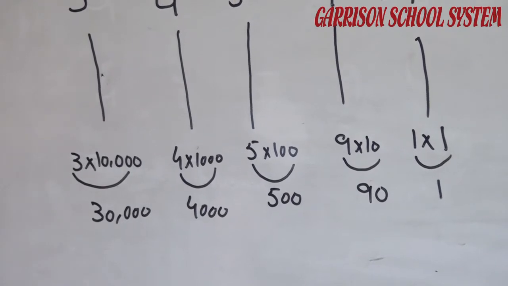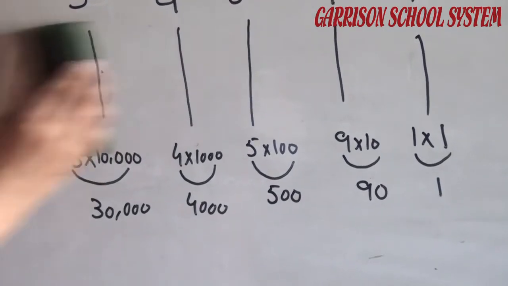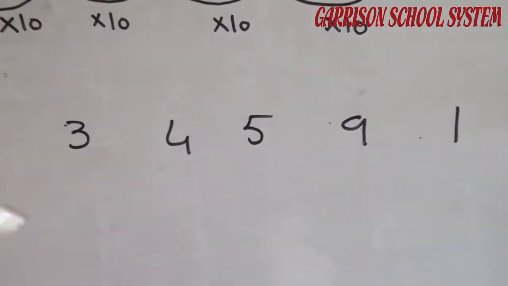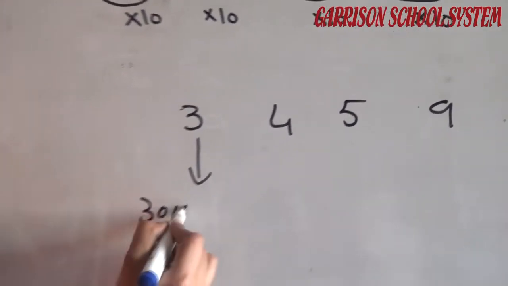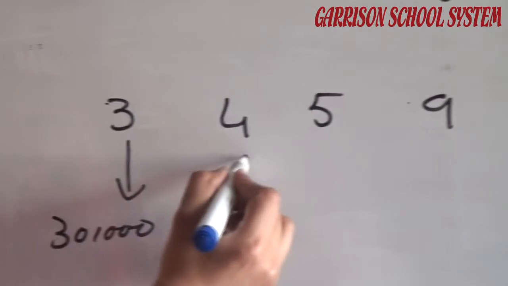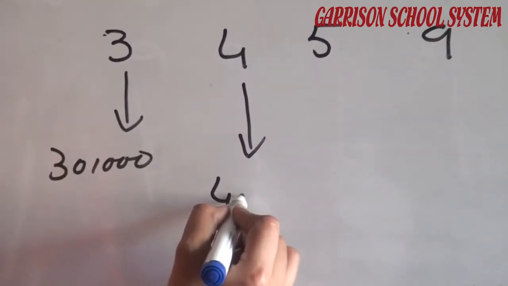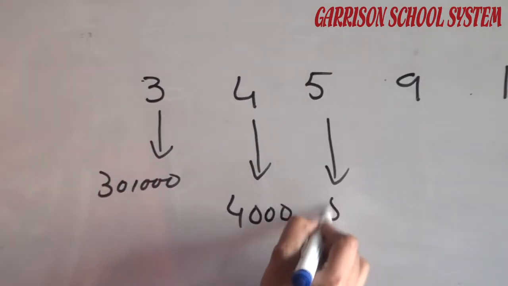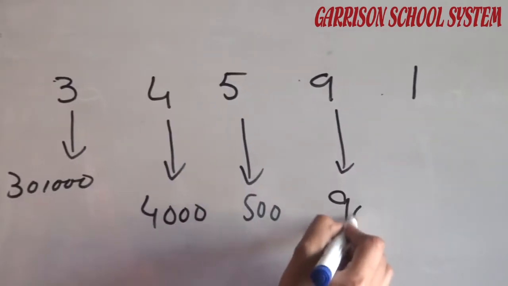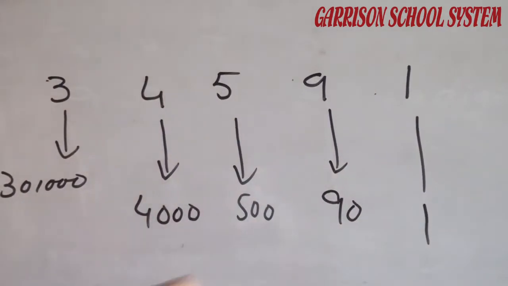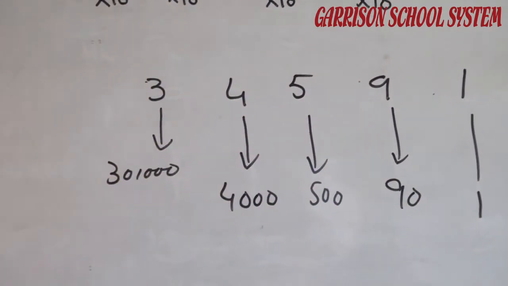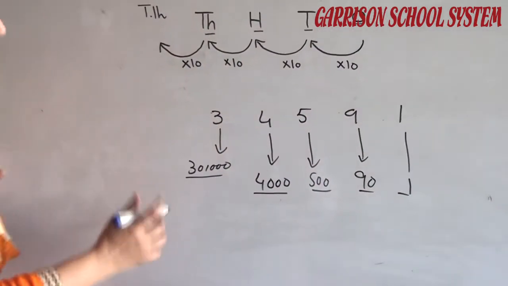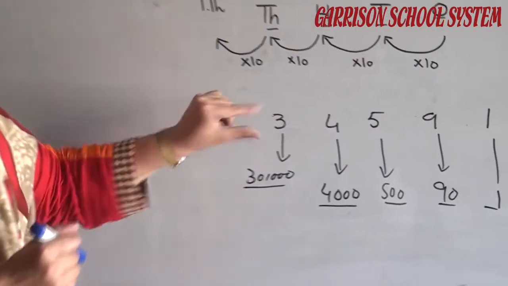So for this particular number, the value of the digit 3 is 30,000, the value of digit 4 is 4000, the value of digit 5 is 500, the value of digit 9 is 90, and the value of digit 1 is 1. Students, these are actually the place values. This is called place values of this particular number.